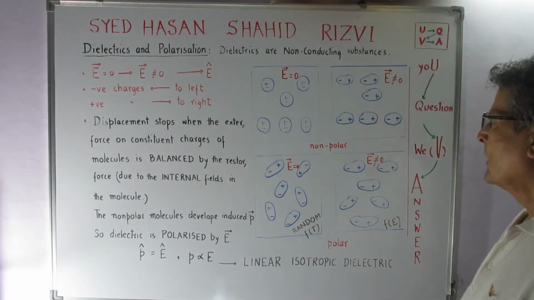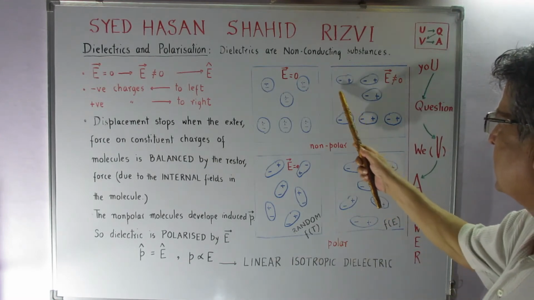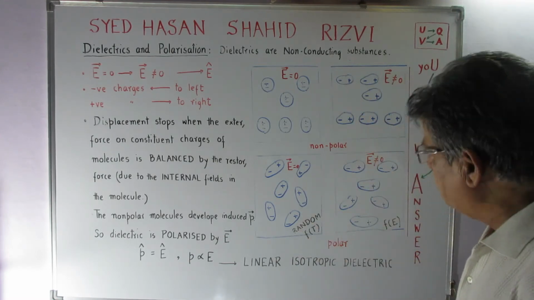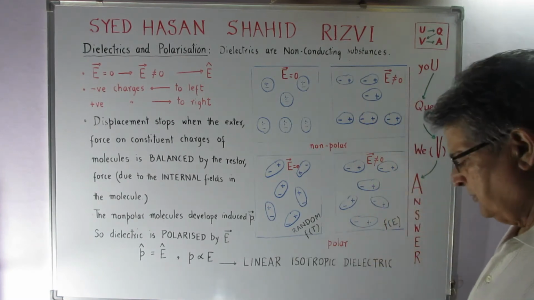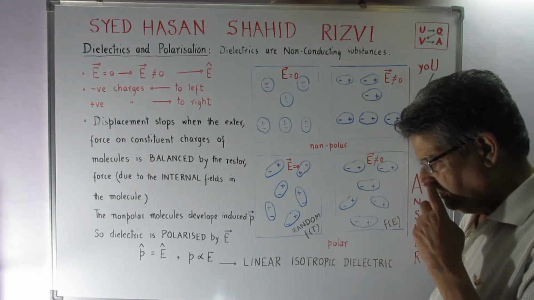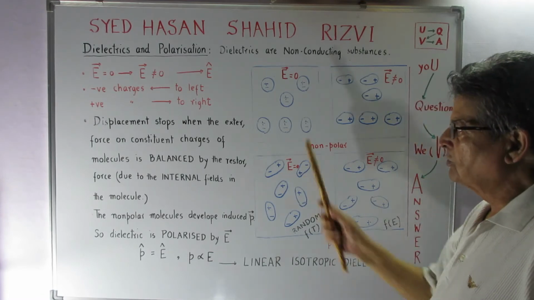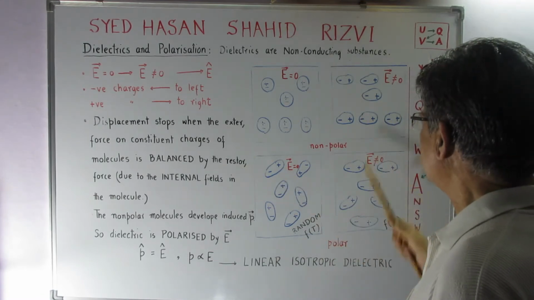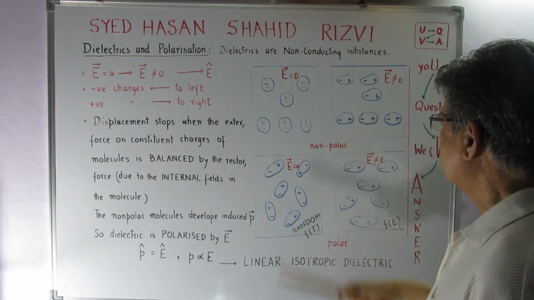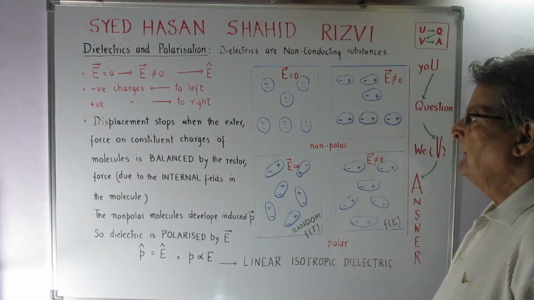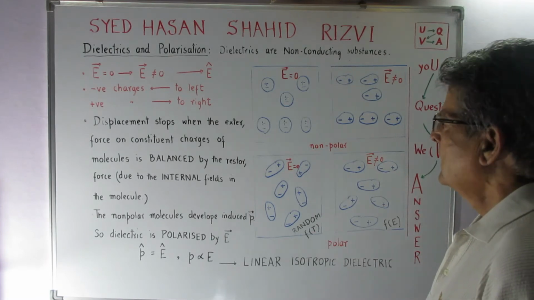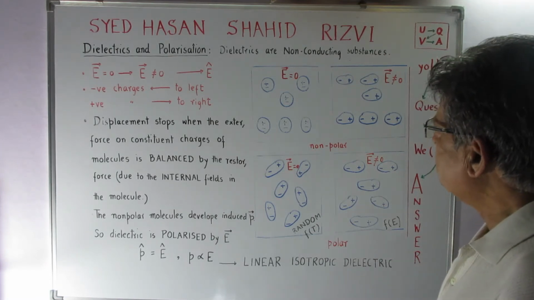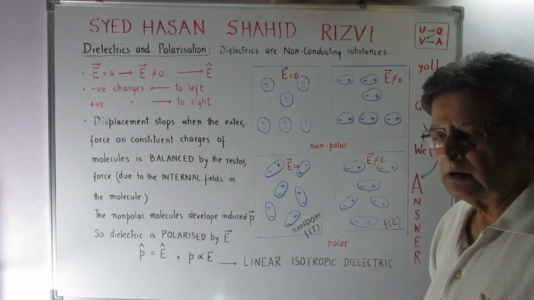Now, when the field is applied, they get a bit elongated. The positive charges go to the right and the negative charges go to the left, like it has been shown over here in this set of boxes. It happens. The positive and negative charges in the molecule are displaced.